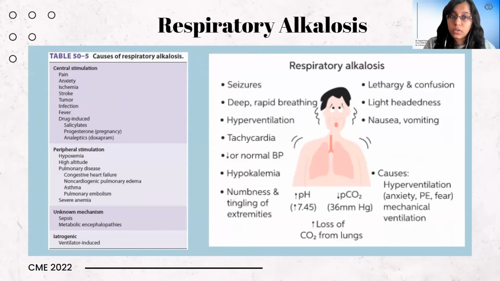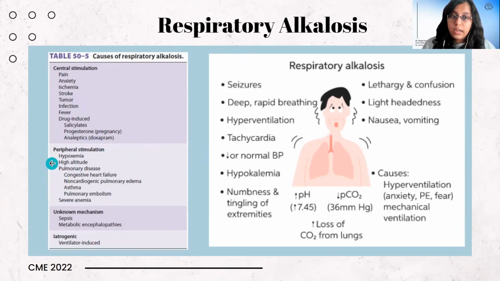They will go into alkalosis. Then stroke patients. Again, they are hyperventilating, they will wash out the CO2. Ischemia, tumors, fever, very high grade fever, you will see the patient will be tachycardic and hyperventilating. Drug induced, salicylates, anaphylaxis, progesterone in pregnancy.